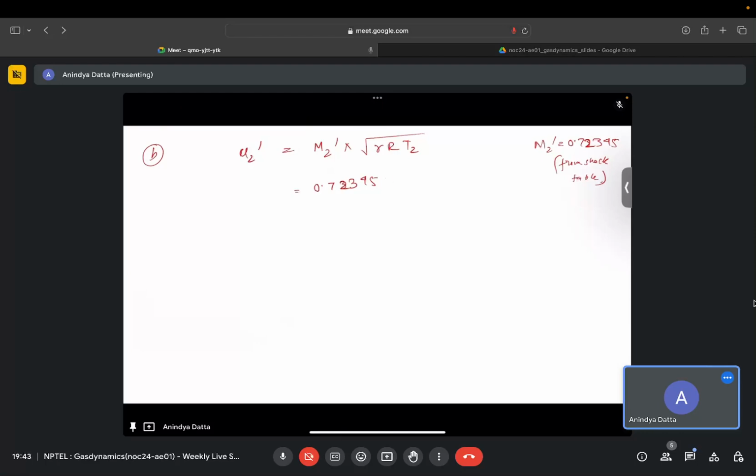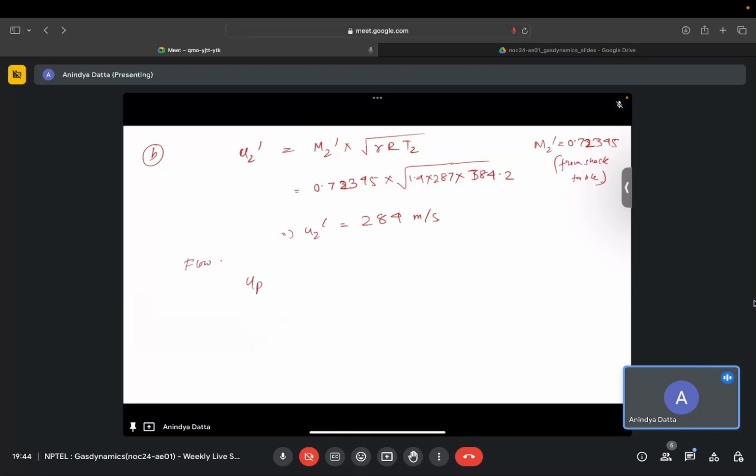And this is 1.4 into 287 into T2, which is 384.2. So u2 prime we get as 284 meter per second.